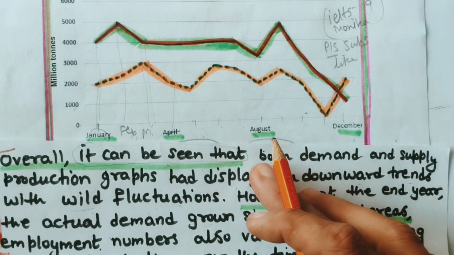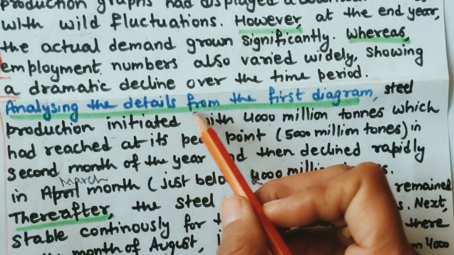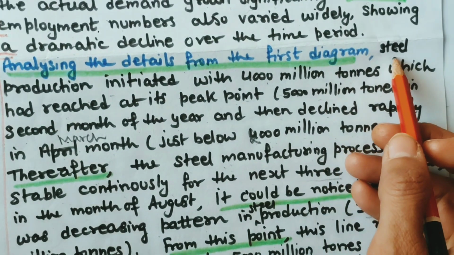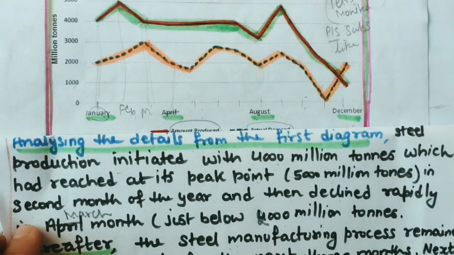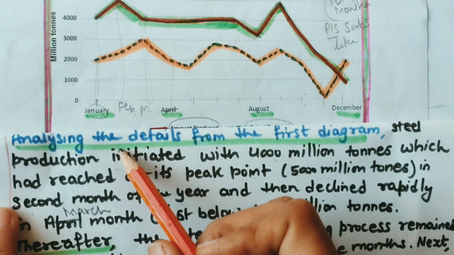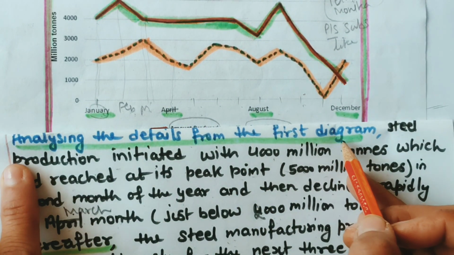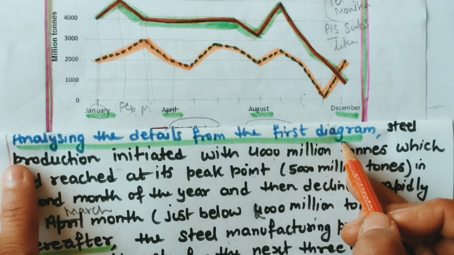Now let's write the first diagram detail. Analyzing the detail from the first diagram, steel production initiated with 4,000 million tons. Most of the students usually ask, what connector should we start with?